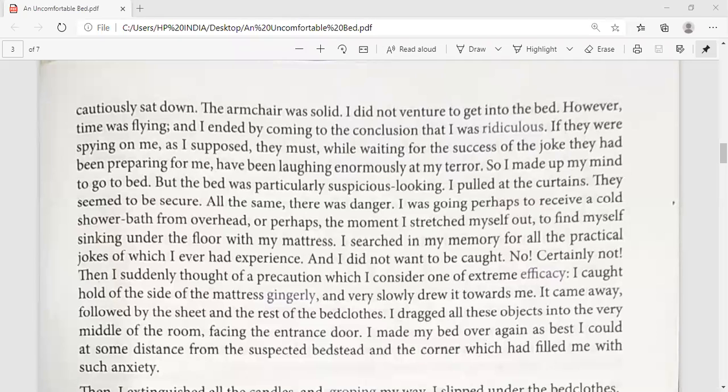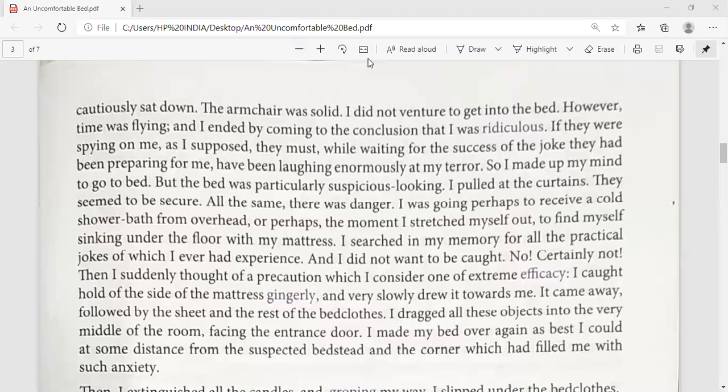I made my bed over again as best I could at some distance from the suspected bedstead and the corner which had filled me with such anxiety. Then I extinguished all the candles and groping my way, I slipped under the bedclothes.